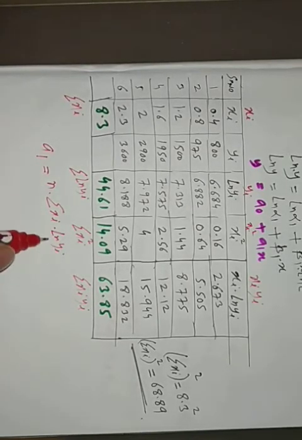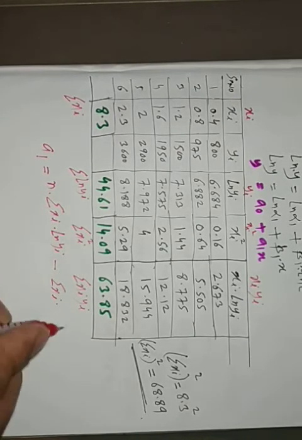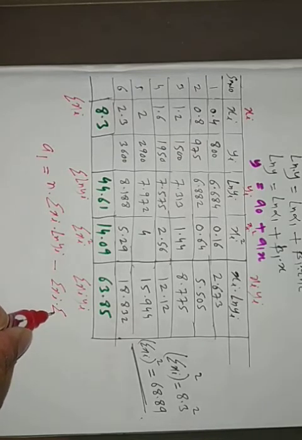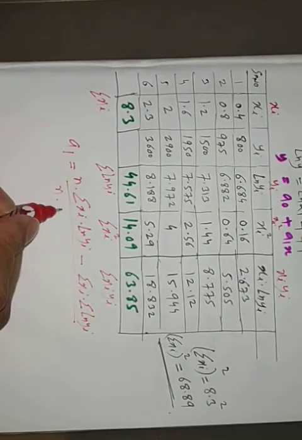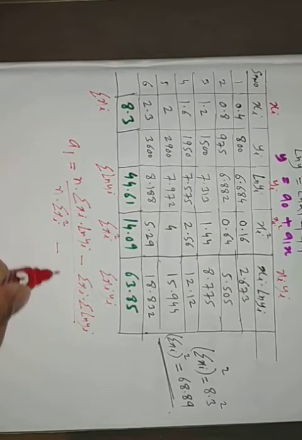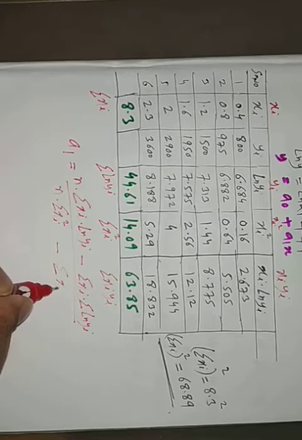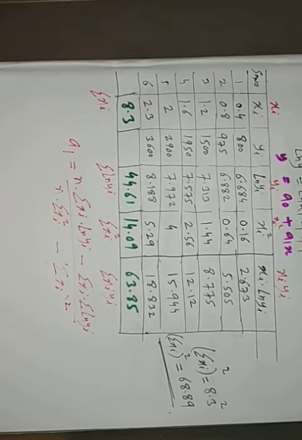Just replace y with ln of yi, minus summation xi into summation ln of yi, divided by n into summation xi squared minus summation xi whole square.